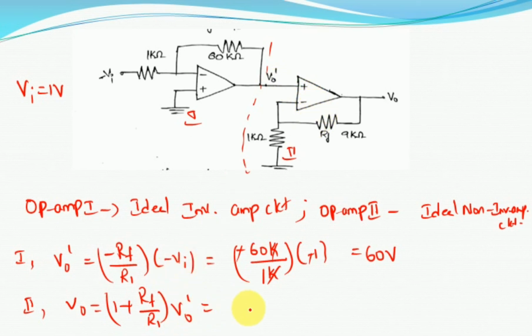Now they have given Rf as 9 kilo ohms and R1 as 1 kilo ohm, and the V0 dash value is 60 volts. Simply substitute that. Here k gets cancelled, 1 plus 9 is 10, 10 into 60 is equal to 600 volts.